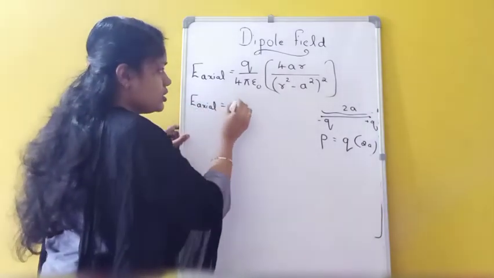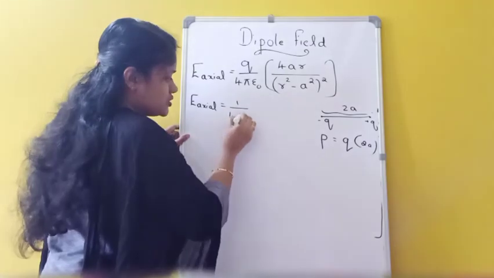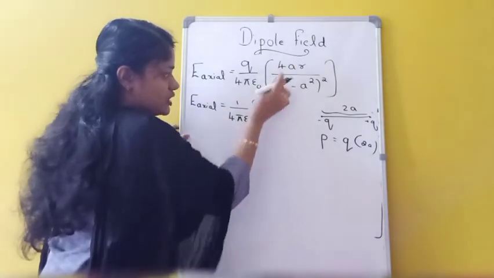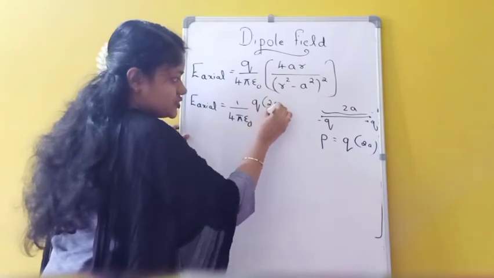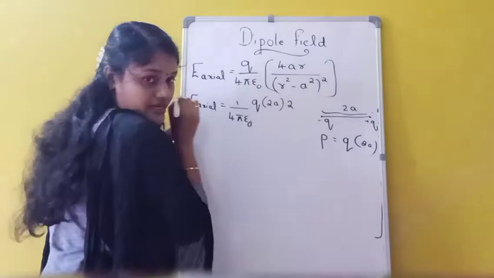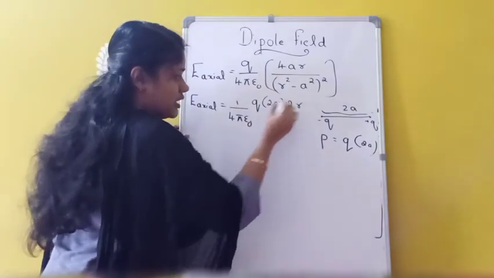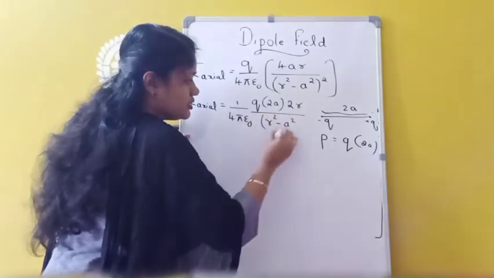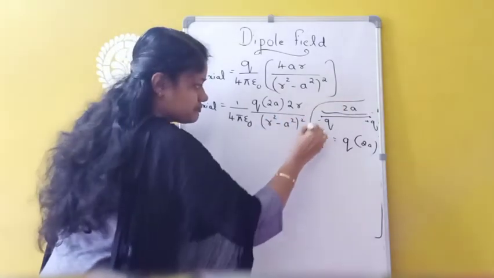So here also E axial equals 1 by 4 pi epsilon 0 into this Q, I am taking Q into 2A here, and the remaining one more 2 is there, that 2 I am writing separately. 2 into R divided by (R square minus A square) the whole square.